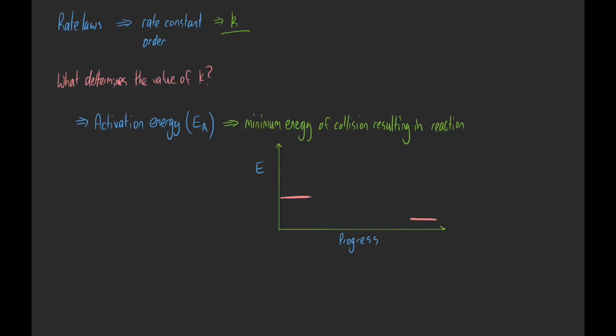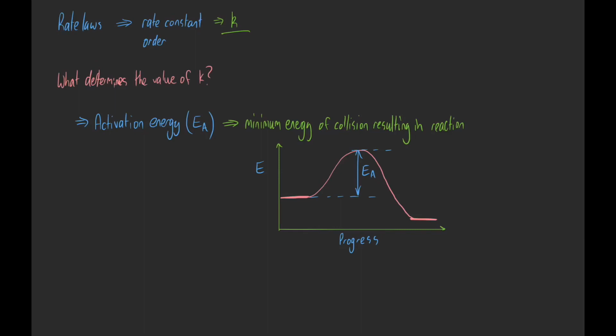Instead, what is much more typical is that there's an increase in energy before the energy then decreases down to the final ending point. And it's this increase in energy, this barrier that the reaction has to get over, that defines our activation energy.